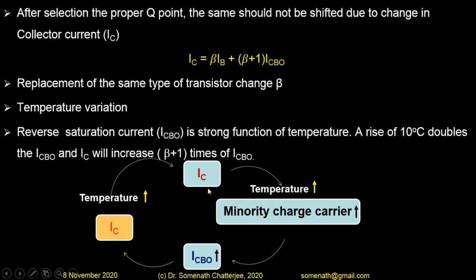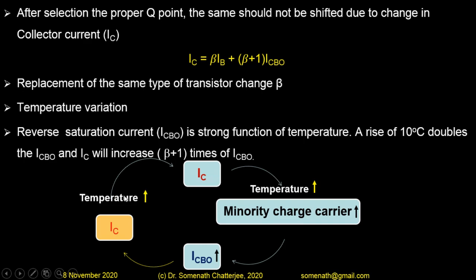So the temperature is a very important factor, depending on the minority charge carrier as well as the ICBO, the reverse saturation current in the collector to base junction, right?